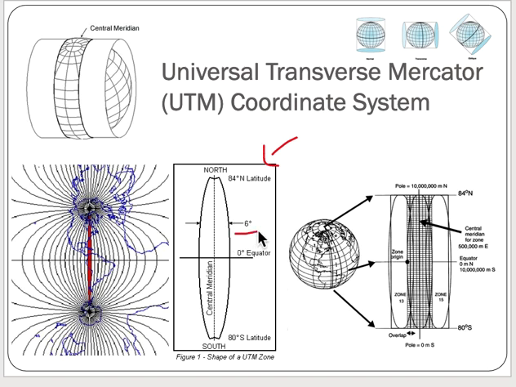Again, these zones are 6 degrees apart, and among these small zones, we have a north to south coordinate. So we have the equator, and above the equator, this is north, and then we have the south coordinate or standard line that we have created, which we call the central meridian. So now we have very high accuracy in each of these 6 degree zones.